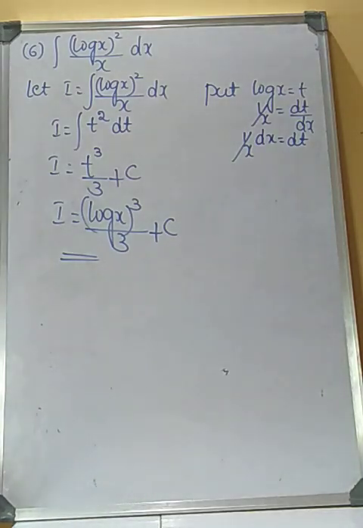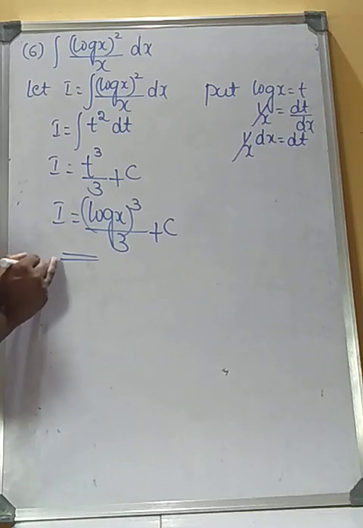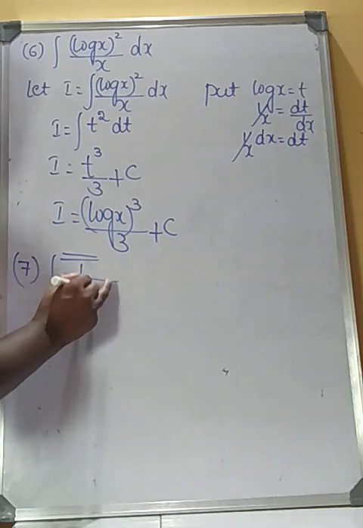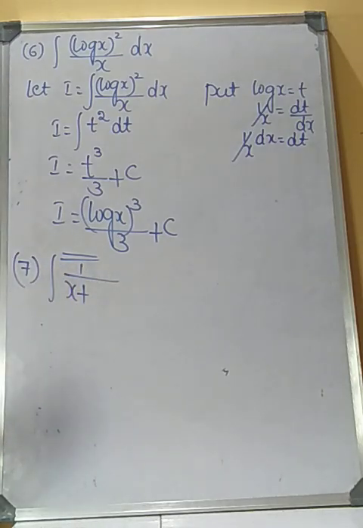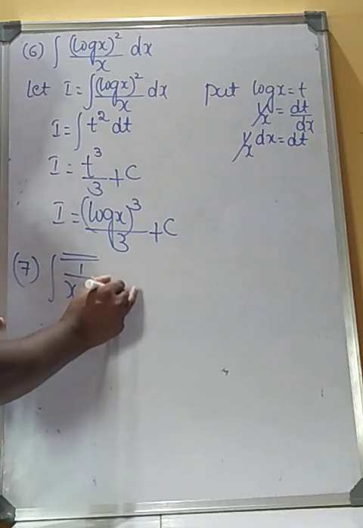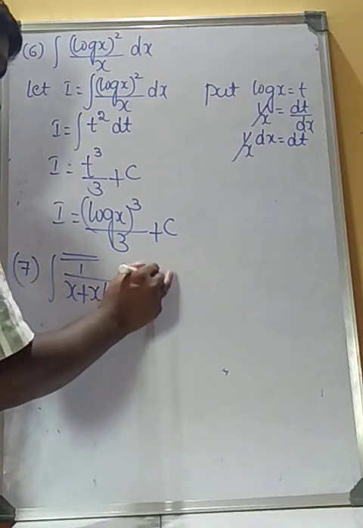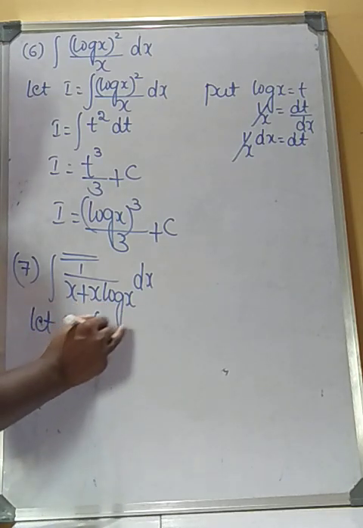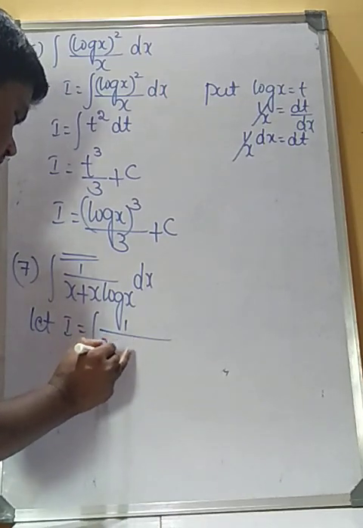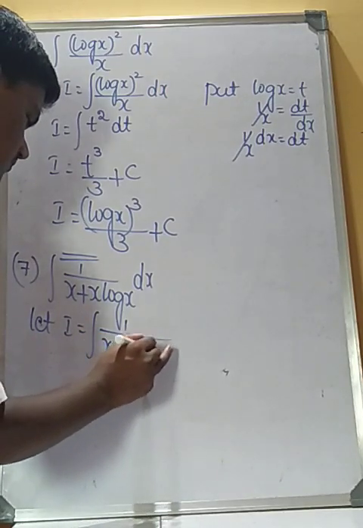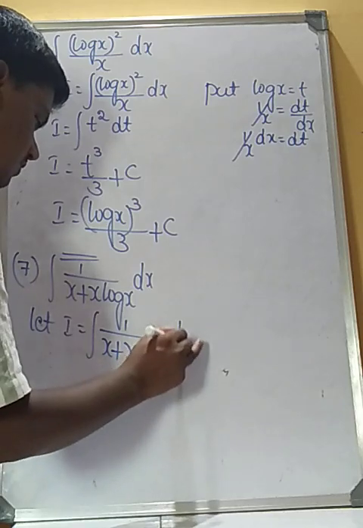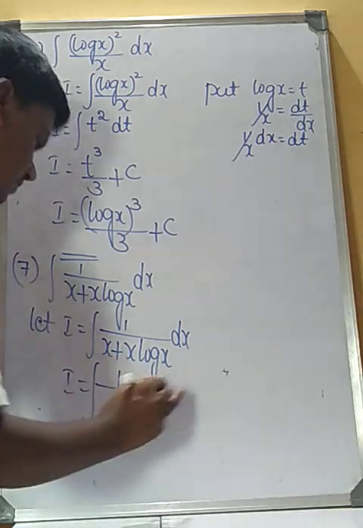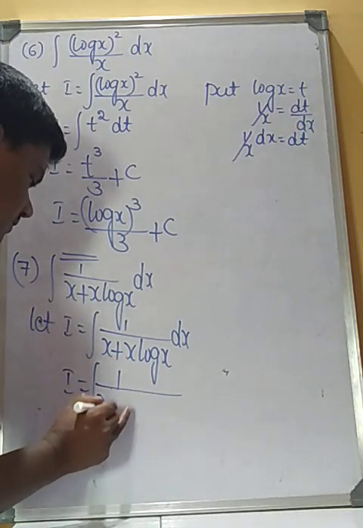The next example: integral of 1 divided by (x + x log x) dx. So let I = ∫ 1/(x + x log x) dx. Therefore I = ∫ (1/x) / (1 + log x) dx, where 1/x is common.